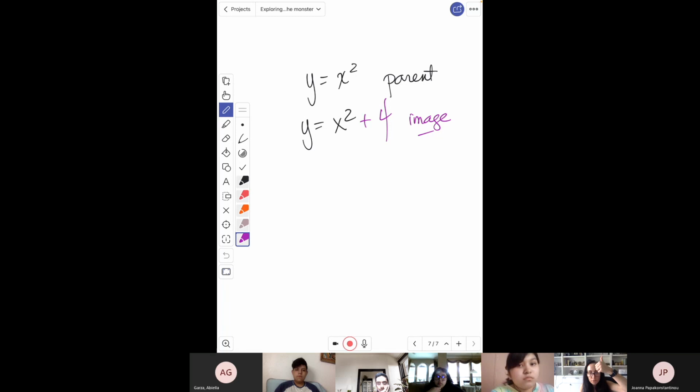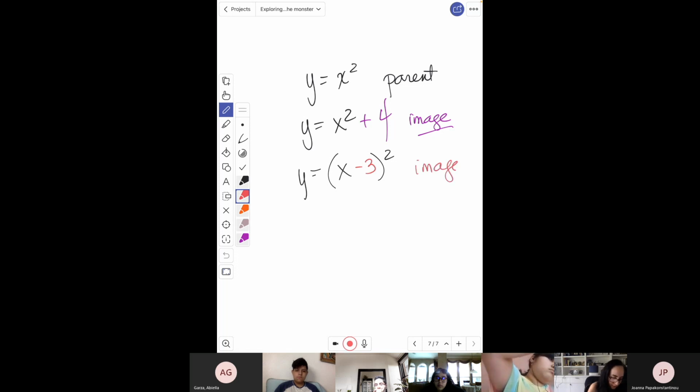We've shifted it up 4, right? Or if I take y equals x and I subtract 3, you should know that this is a shift to the right 3, right?